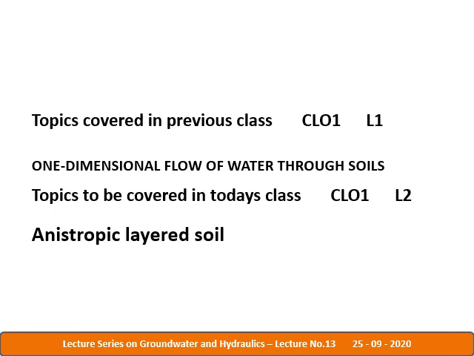So what does it mean? It means allowing liquid to pass through it. It is saturated soil. It's assumed that each individual layer is homogeneous and isotropic. The coefficient of permeability of each layer is different from other layers.